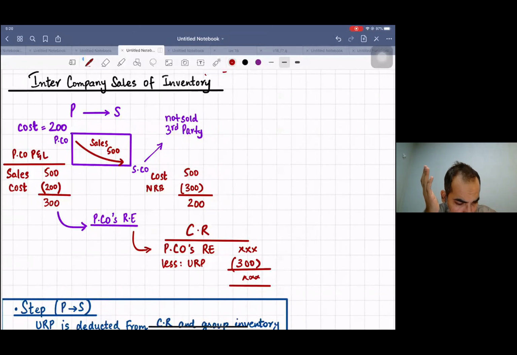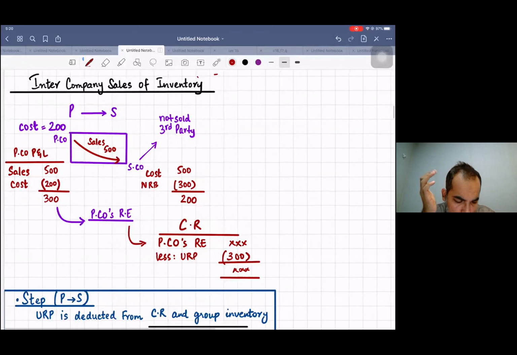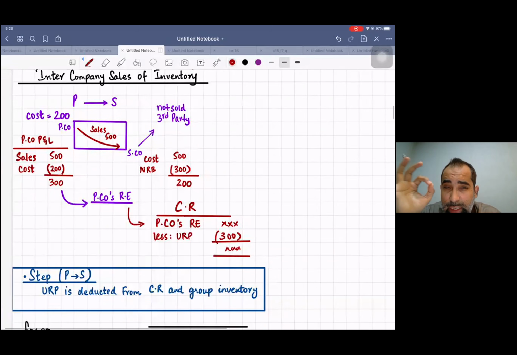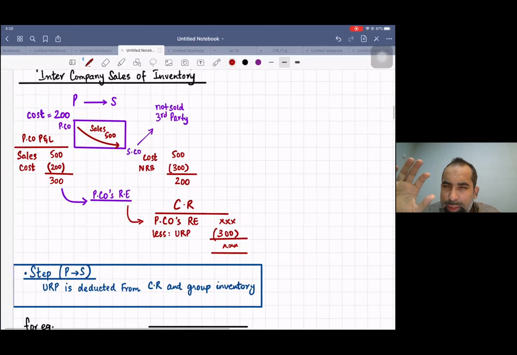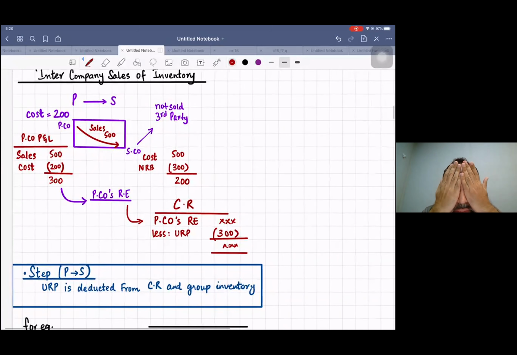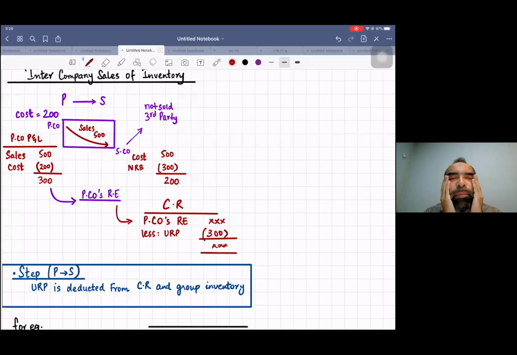First of all, on the screen, we can't waste time on basic things, but I'll give you a quick recap. You can see there is a P2S sale. P company bought some goods for 200 and sold to S company for 500. That means the parent company has booked 300 profit.